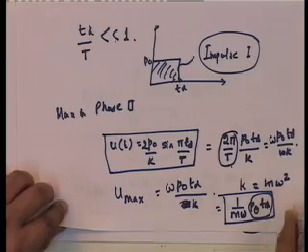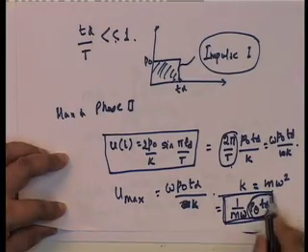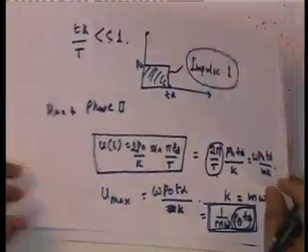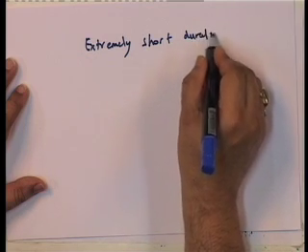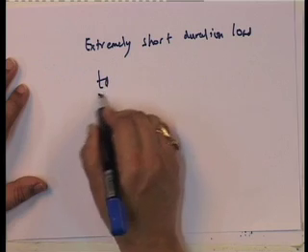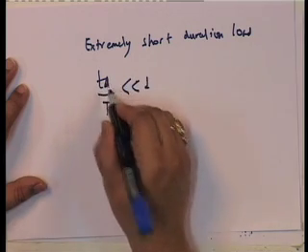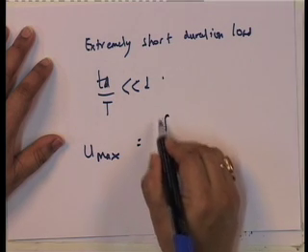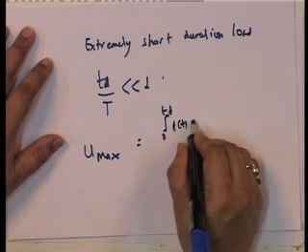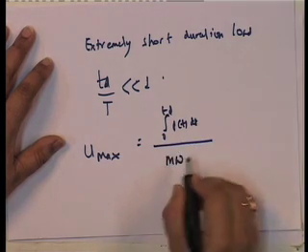Let us look at this. The question then becomes the following: if your load is of extremely short duration, where T_d by T is very much less than 1, then u max is equal to the integral from 0 to T_d of P(t), the area under the curve, upon m omega.